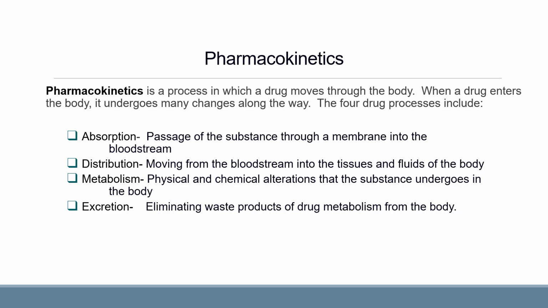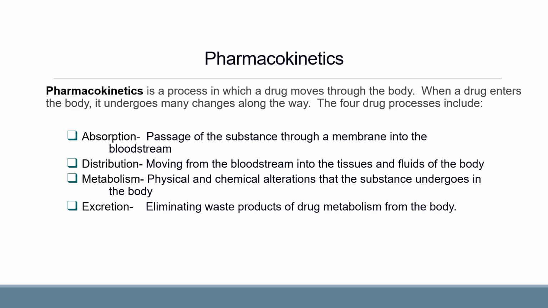So talking about pharmacokinetics, this is a process which the drug moves through the body. So when a drug enters the body, it undergoes many changes along the way. The 4 drug processes are absorption, distribution, metabolism, and excretion. So absorption is the passage of the substance through a membrane into the bloodstream, whether that is through the GI, through an IM injection, or intravenous.